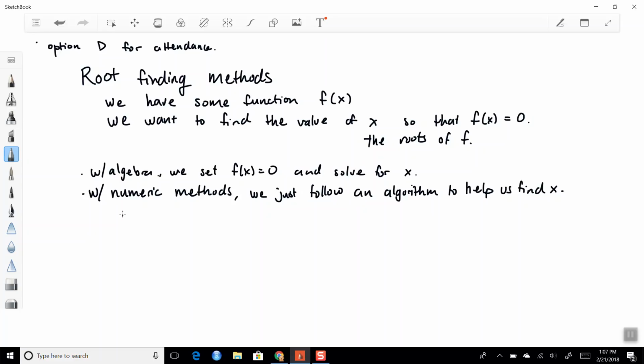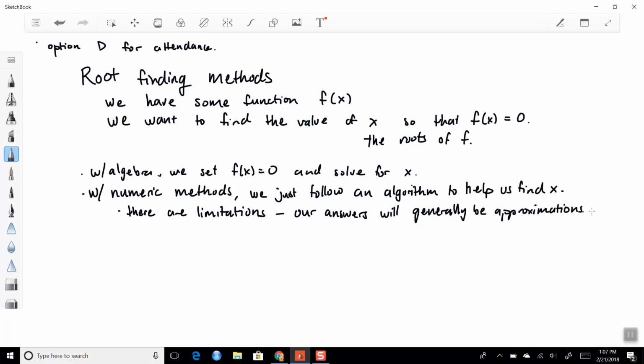So our answers will generally be approximations because of floating point.